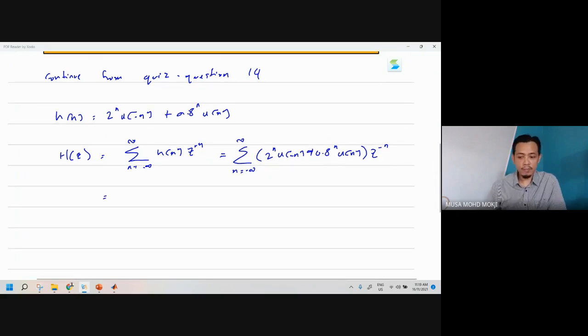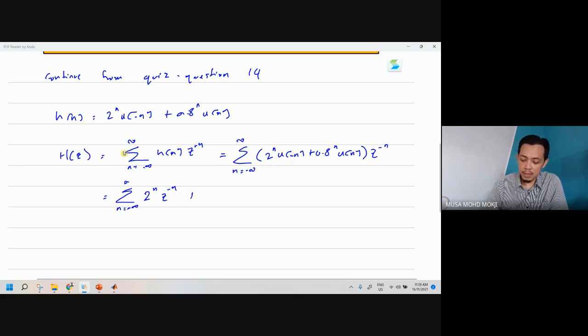And we can separate those two because this is just a plus. What we get is a summation, and we already know that this ranges from minus infinity up to 0 of 2 to the power of n z to the minus n, the first term.